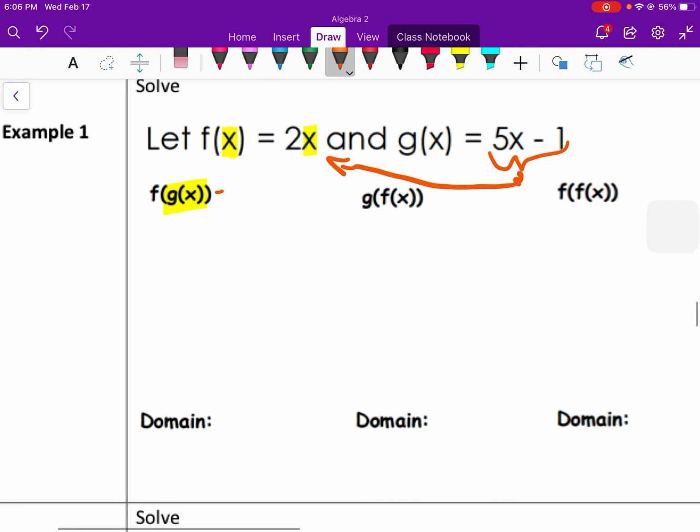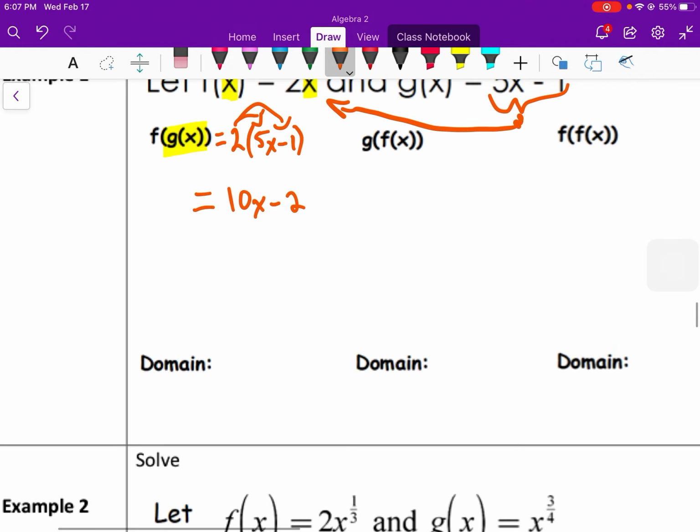So f of g of x equals 2 times 5x minus 1, because we plugged in the function g of x in for x. So then we can simplify that. We can distribute our 2 through, so then it becomes 10x minus 2.